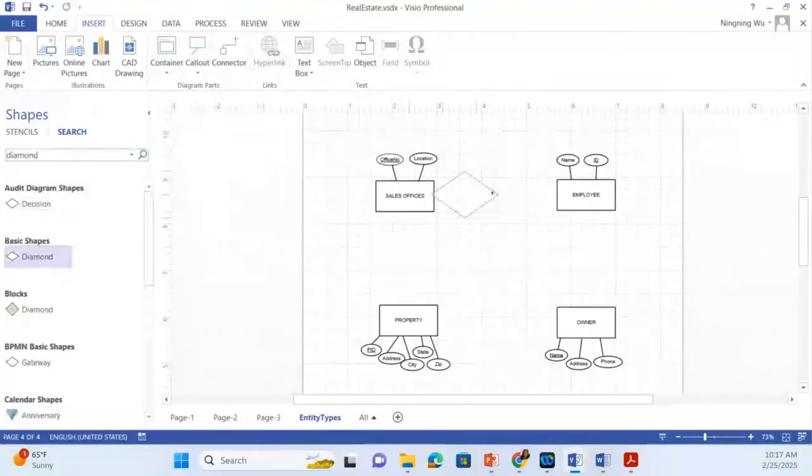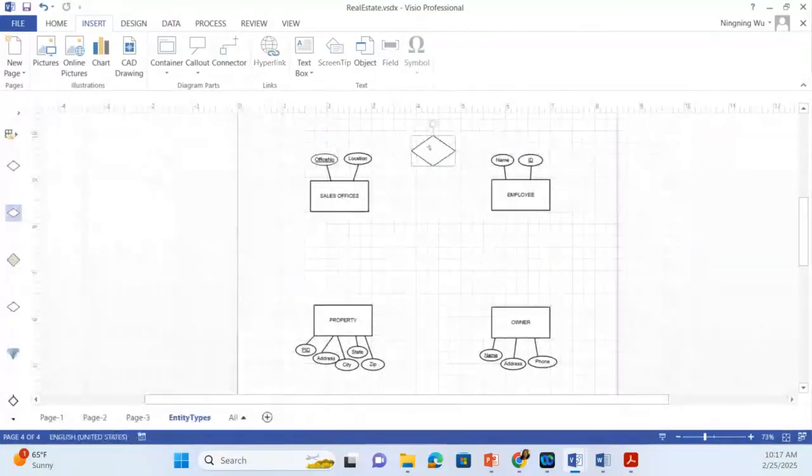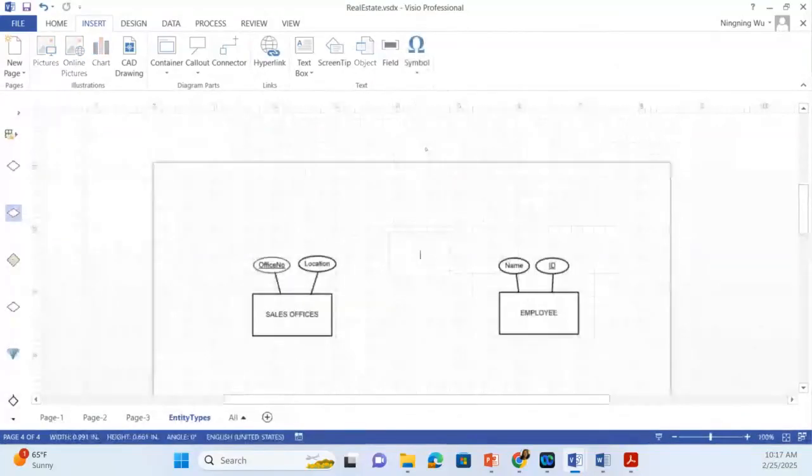Yeah, so I put a diamond here. Okay, it is too big. Okay, I think now we do not need the diamond. So for this diamond, maybe I just use has.